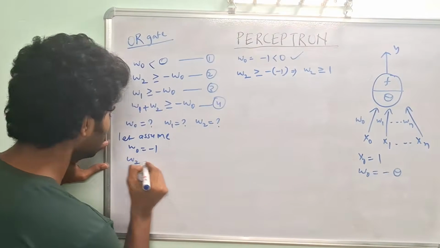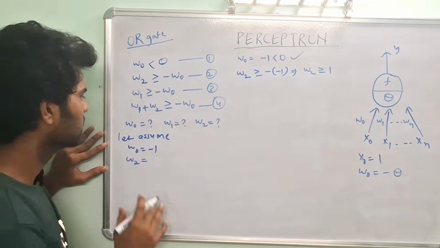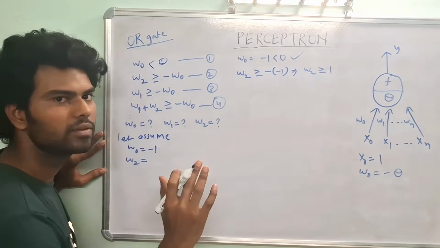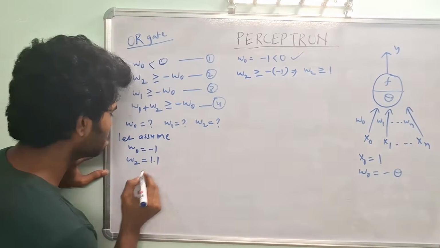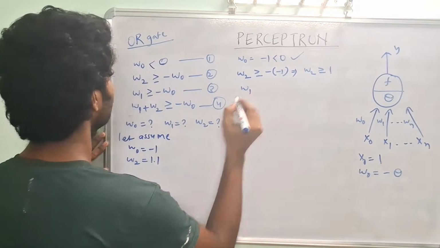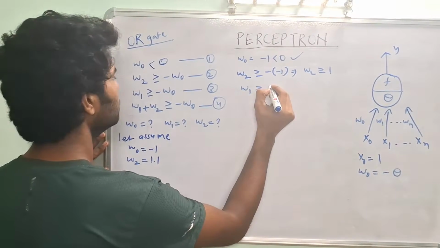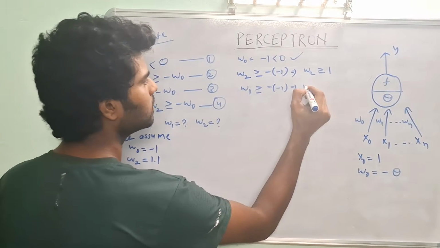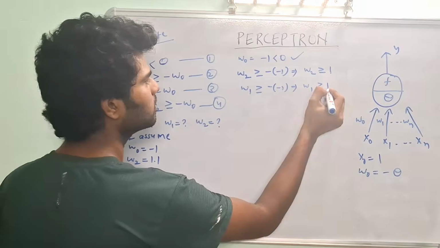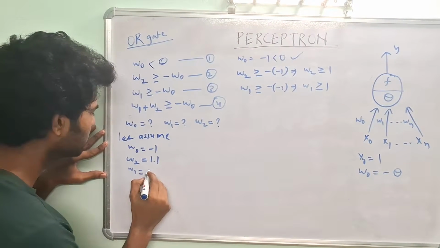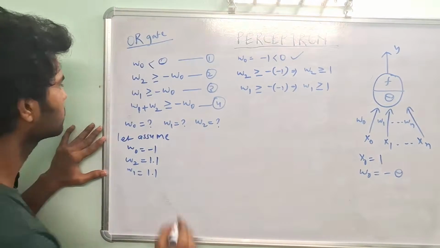Here w2 we can take 1, or greater than 1 also. So I am taking 1.1. So here w1 ≥ -(-1), so w1 ≥ 1 only. Here also same case. I am assuming w1 equals 1.1.